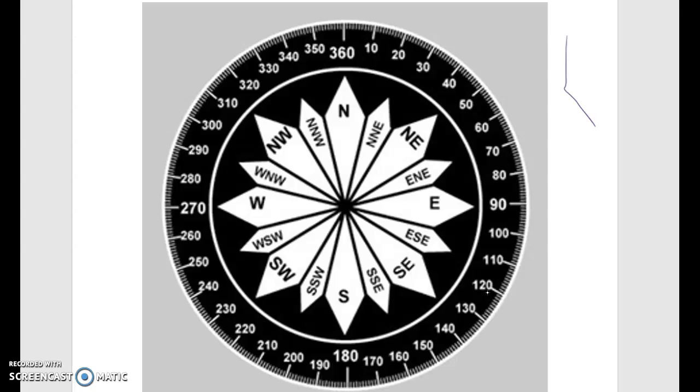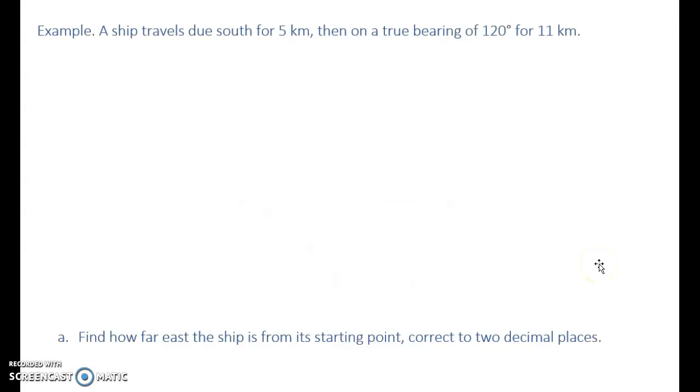Let's go and try and draw it properly. Again, no ruler. I'm going to try and do this as steadily as possible, guys. So we go south for 5 kilometers, and I've probably made that a bit long. I'm just going to raise a bit of it because I don't want to go off the page.